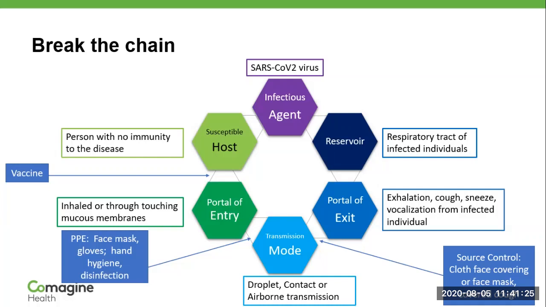When you get to a resident, let's say in a room with no face covering, when you go in, you're trying to prevent what's in the air and on surfaces from infecting you. That's a little more difficult to do, actually, but that's why we have face masks, gloves, hand hygiene and disinfection. And then, of course, a vaccine, which is what we're all hoping and waiting for, is going to reduce our number of susceptible hosts. So that's where that's going to act.